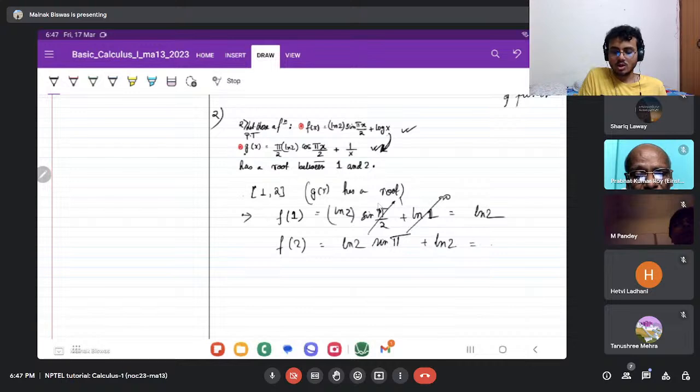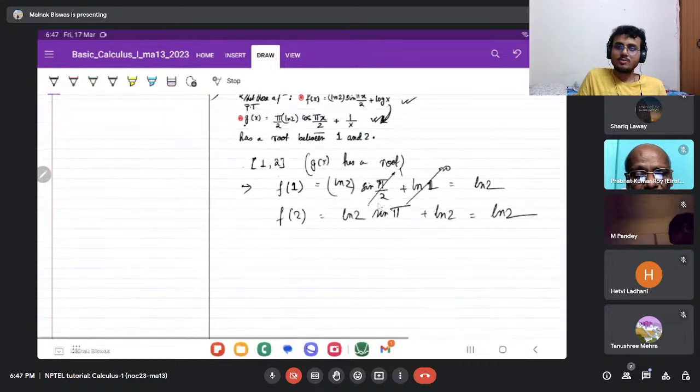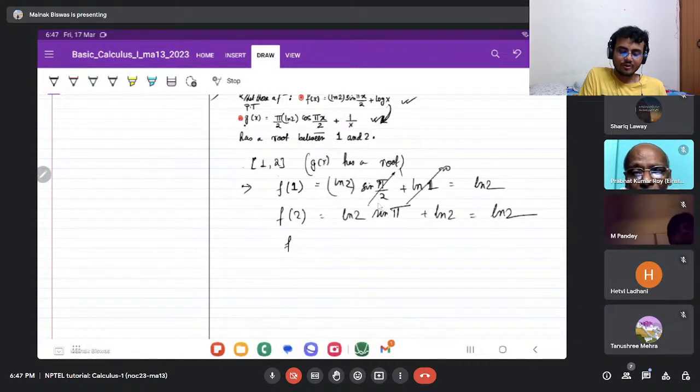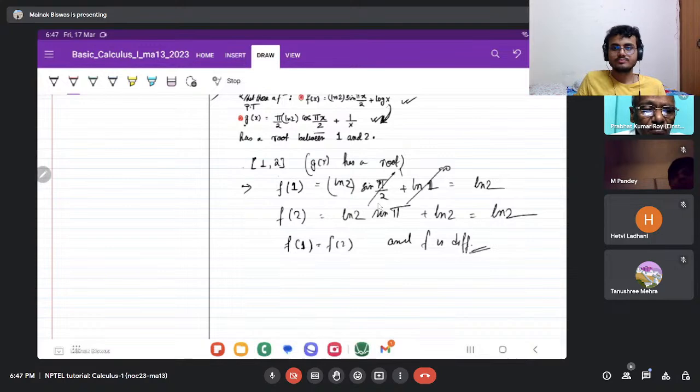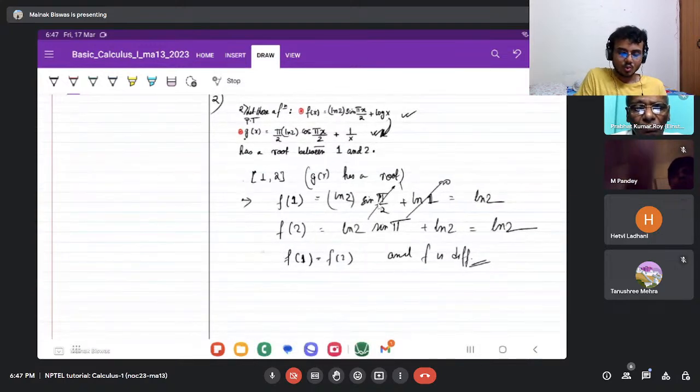That is also log 2. So are you getting what is happening? So f of 1 equals f of 2 and f is differentiable. So what theorem do you think we will use here? Rolle's theorem. Correct. So we'll be using Rolle's theorem.